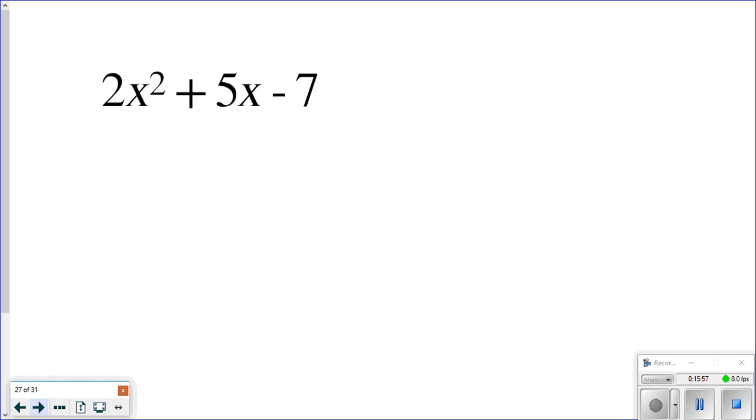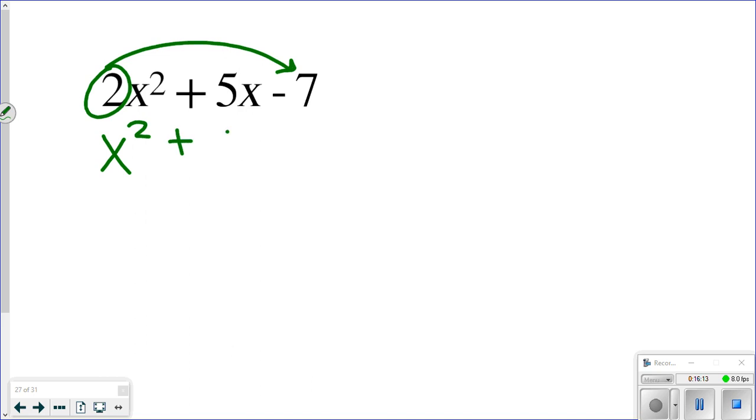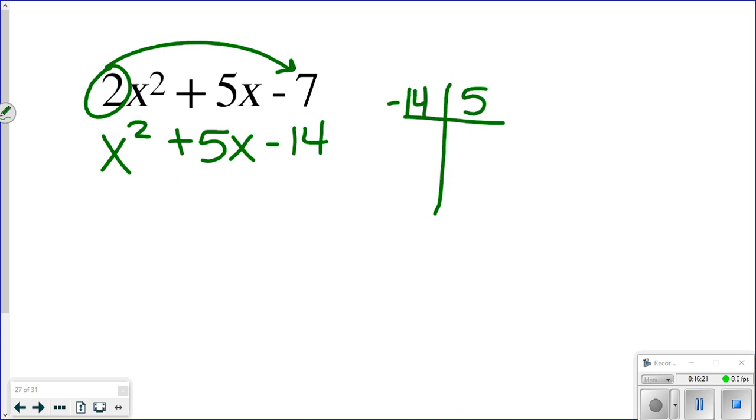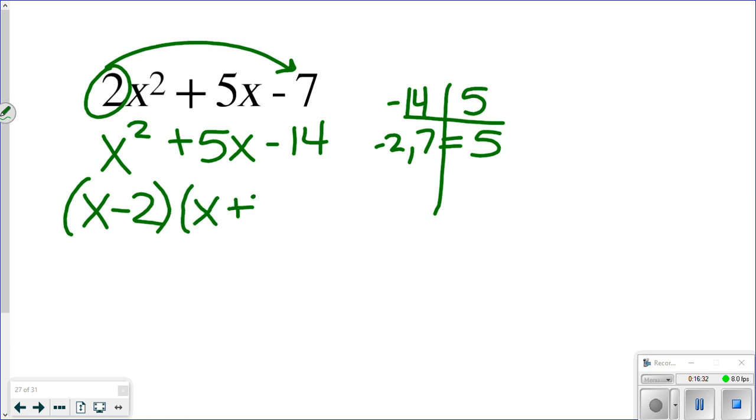And one more for you. Go ahead and try this one on your own. x minus 2 and x plus 7 are going to combine to make that positive 5 term.